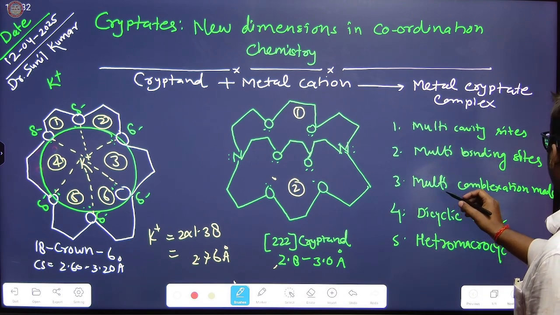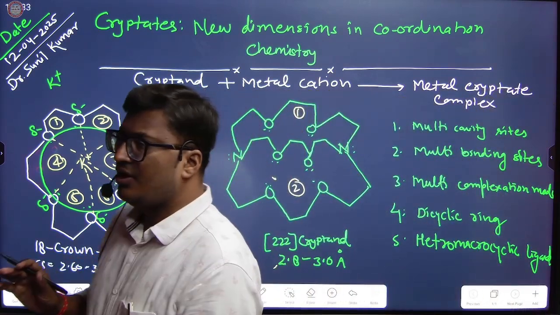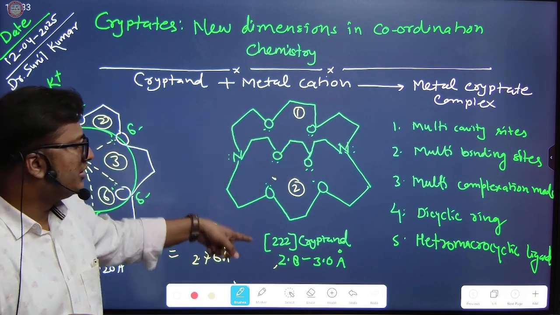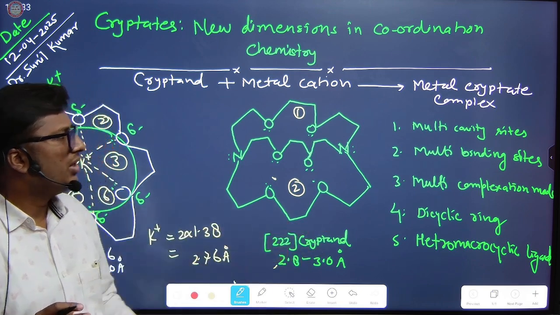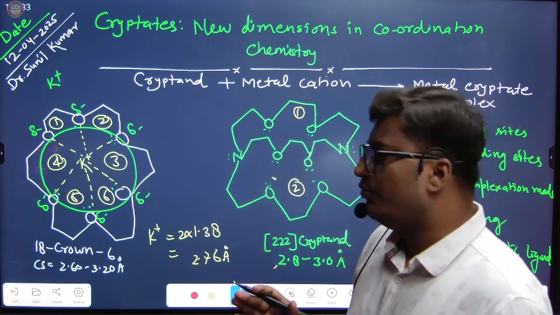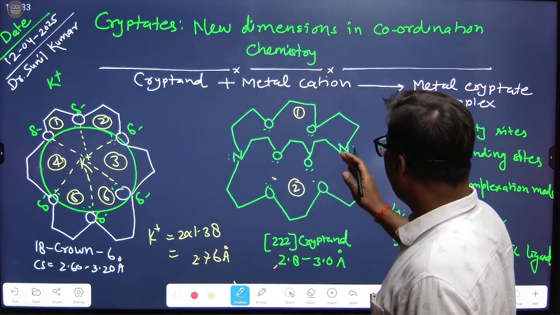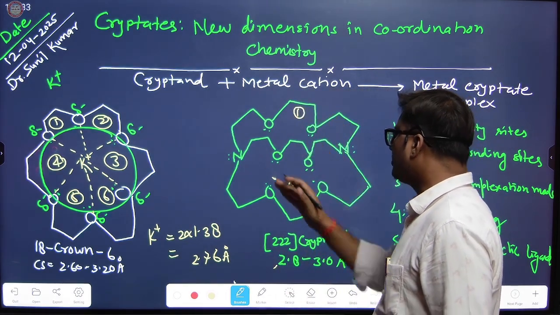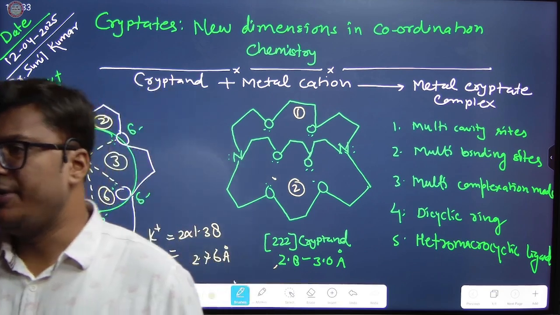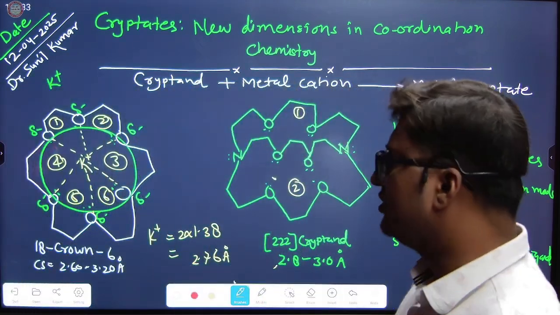And the third one is the multi-complexation mode. It has two cavities in the case of this 222 cryptand. Sometimes it may form complexes only through the oxygen atoms, right? And maybe nitrogen does not bind with that metal cation. So this is one possibility.